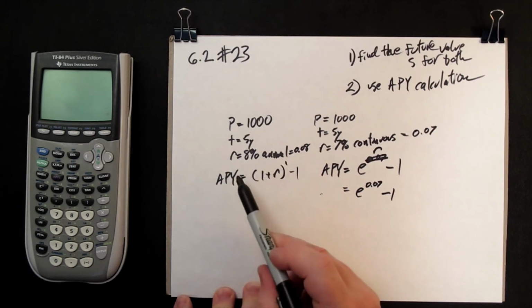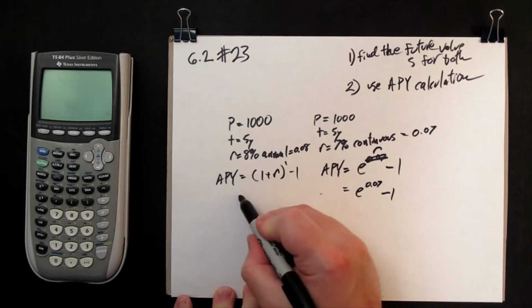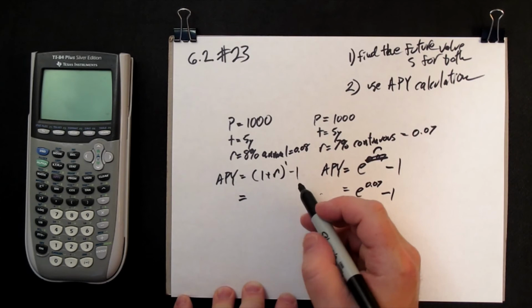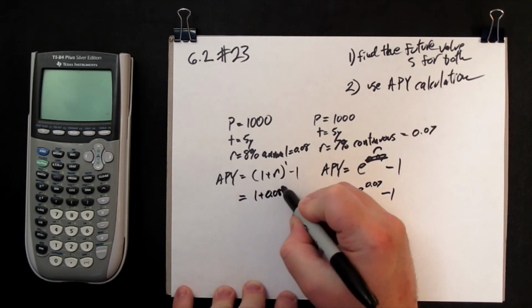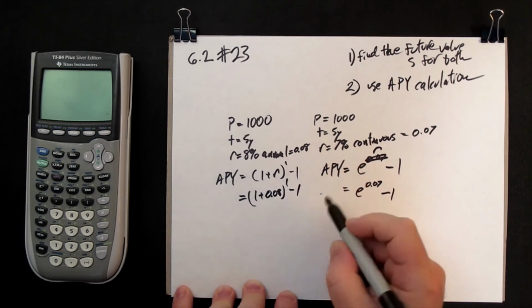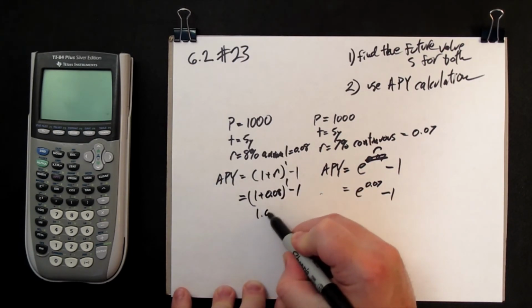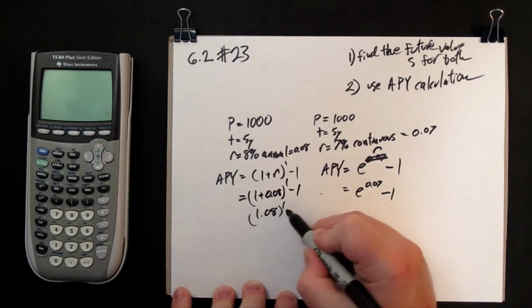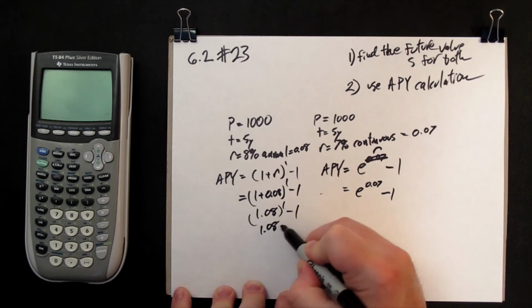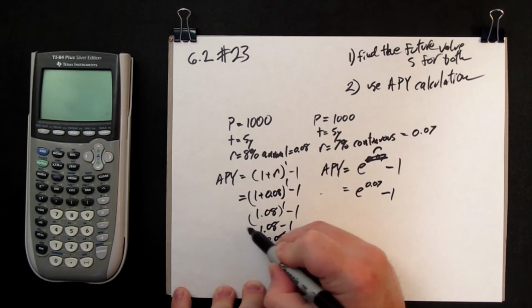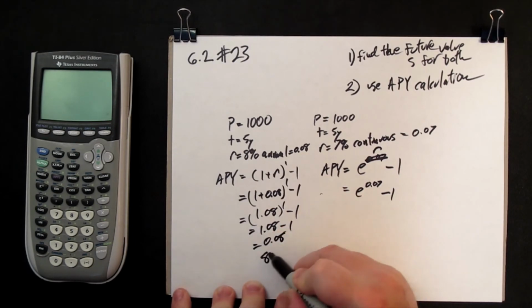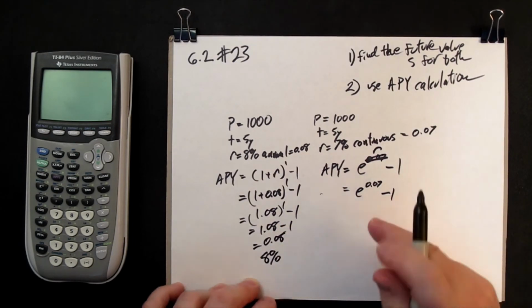The one that just compounds at the end of the year is 1 plus 0.08 to the first minus 1. So this is 1.08 to the first minus 1, so 1.08 minus 1 is 0.08. So 8% on this one.